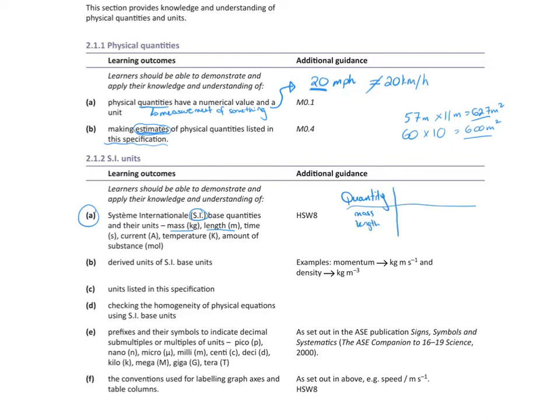Then you have the base unit, so what we measure it in. For mass it is kilogram, for length it is meters, and for example electric current it is ampere.